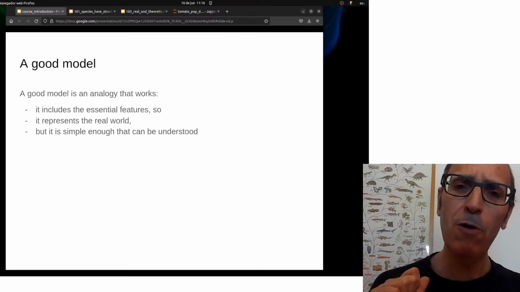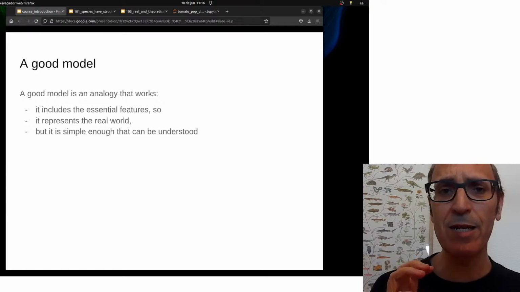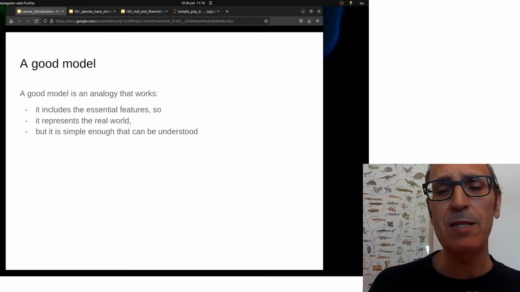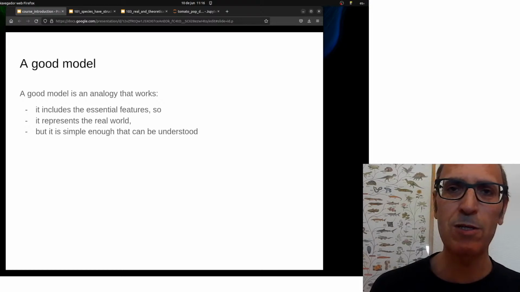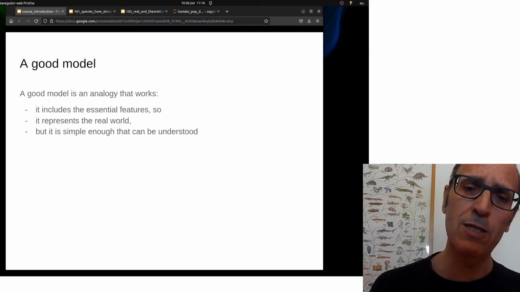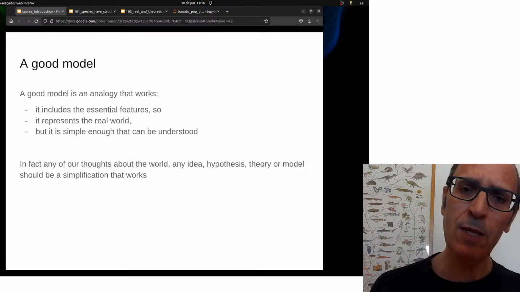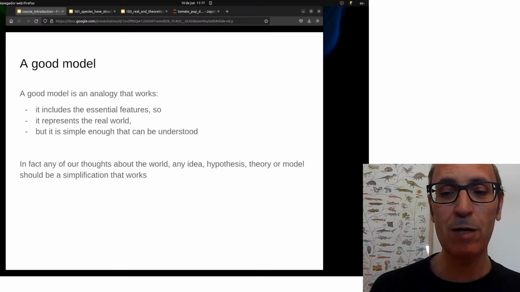So a good model is an analogy that works. It includes everything that is essential to represent the real world, okay? And it's simple enough that we can understand it, because we could have a very complex model that is impossible to understand, or impossible to fit to reality because we don't have enough data to fit that model. So simple models are useful. In fact, everything that you think about the world, any idea, hypothesis, is a model, and it should work. Although not all models are correct, of course.